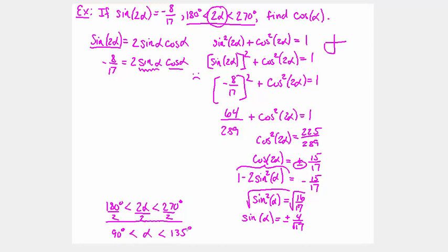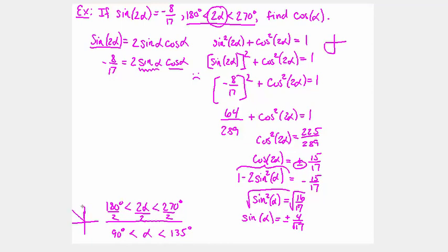So that tells us something about alpha. And it was not given directly, but it was implied by the original given inequality here. If we just solve for alpha by dividing by 2, as we just did, we know exactly where alpha should be. So if we just draw a little coordinate axis here, we'll know alpha is between 90 and 135. Now 90, of course, we know is right up here vertically. 135 would be halfway through quadrant 2.